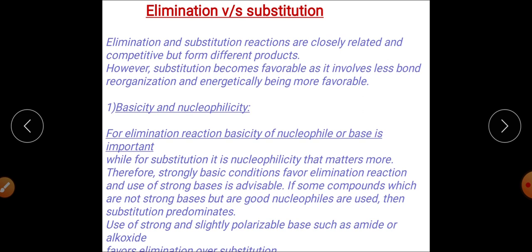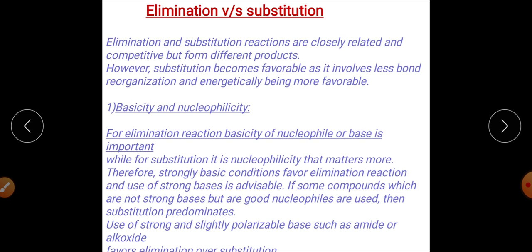Now, as you know, we were talking about the competitive reactions, and for the E2 reaction the competitive reaction was SN2, and for E1 it was SN1. So how can we know which reaction is going to take place on a particular substrate?